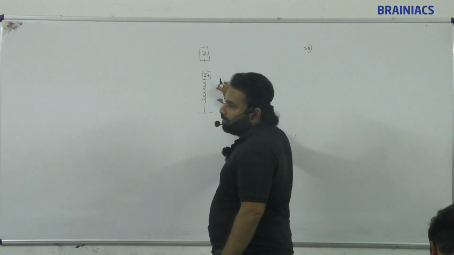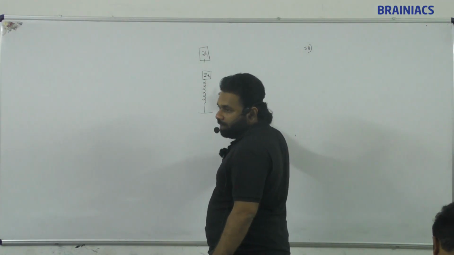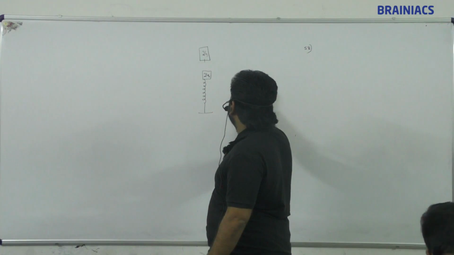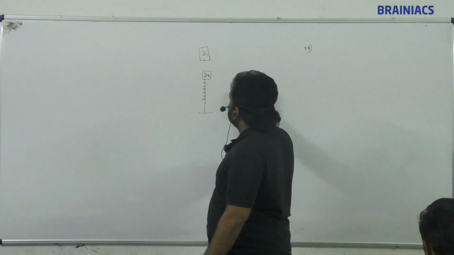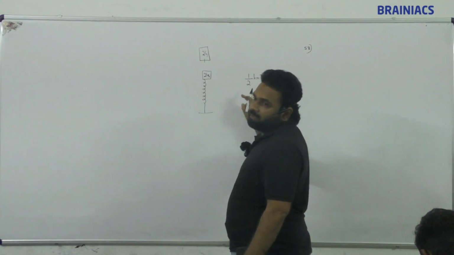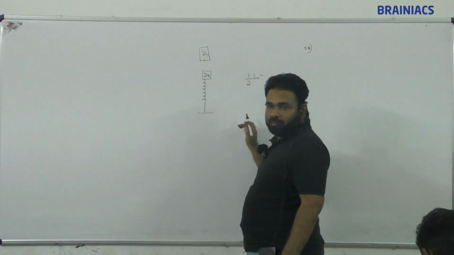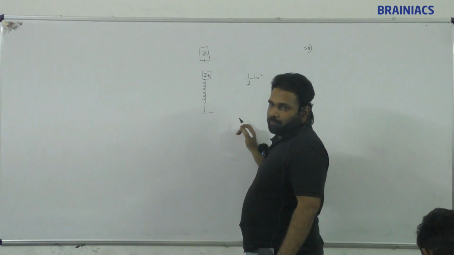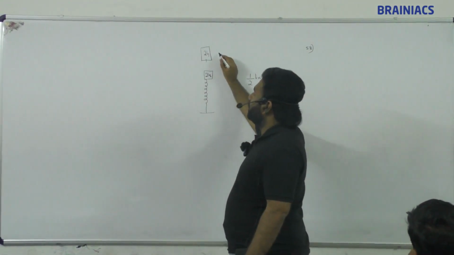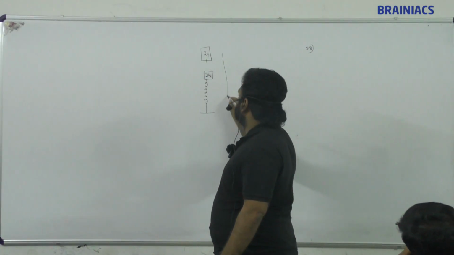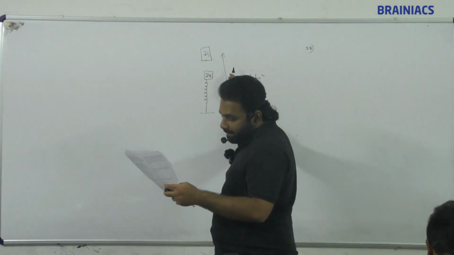So the work done on the spring is what? Half kx square. This half kx square, the work done on the spring, is from which source? From the fall of this 2 kilogram mass.